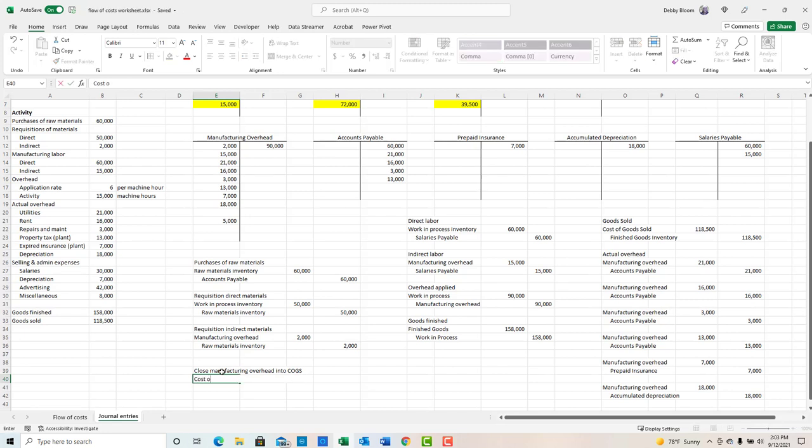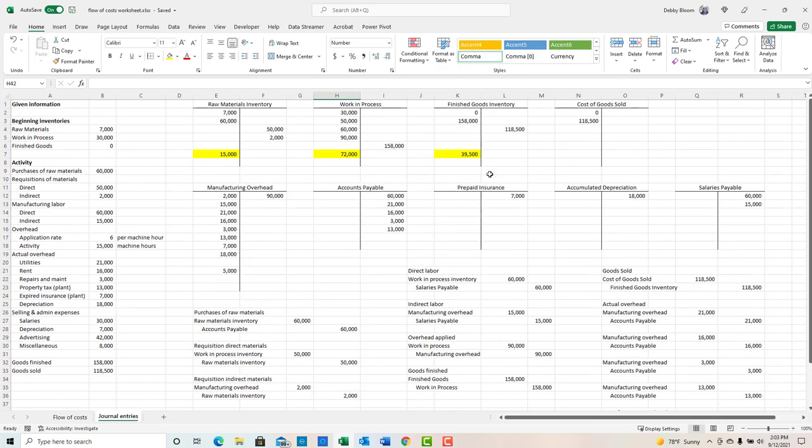So we're going to debit cost of goods sold and credit manufacturing overhead for the 5,000. Because our costs were 5,000 higher than we anticipated. So I'm going to get rid of this intermediate balance. We are going to credit manufacturing overhead for 5,000 and debit cost of goods sold for 5,000.